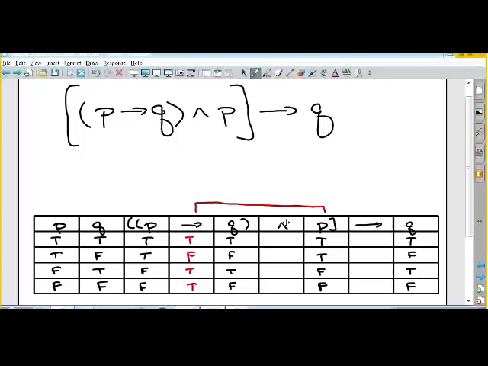Then we have an AND statement, so we use the rules for AND. The AND statement is true only if they're both true. So we've got 2 trues there, so that one's true. We look down, each one of those has at least 1 false, so these are all false.